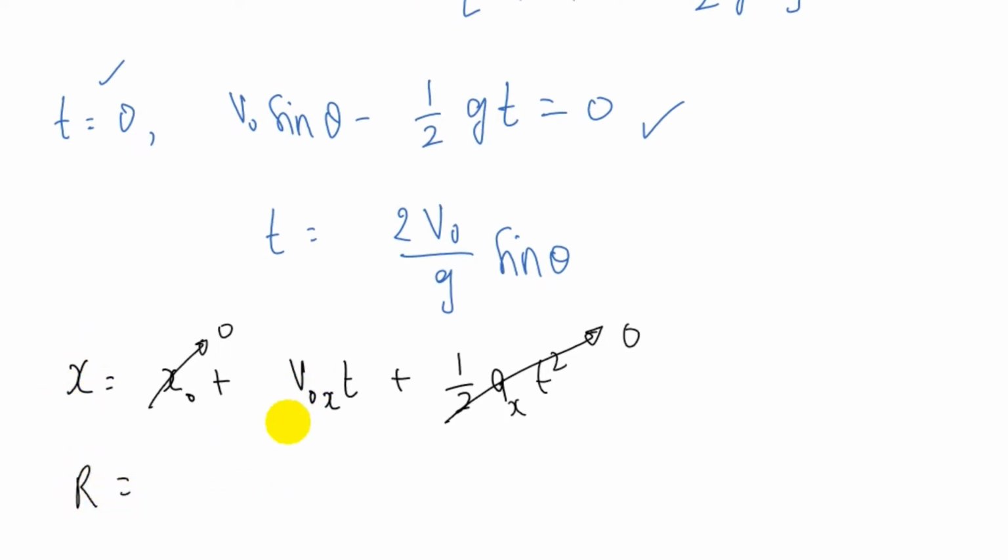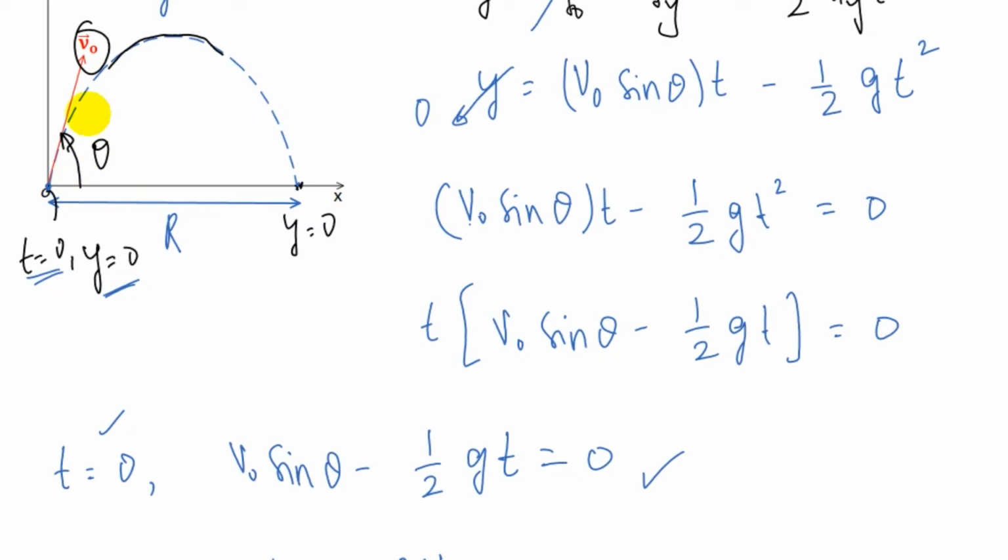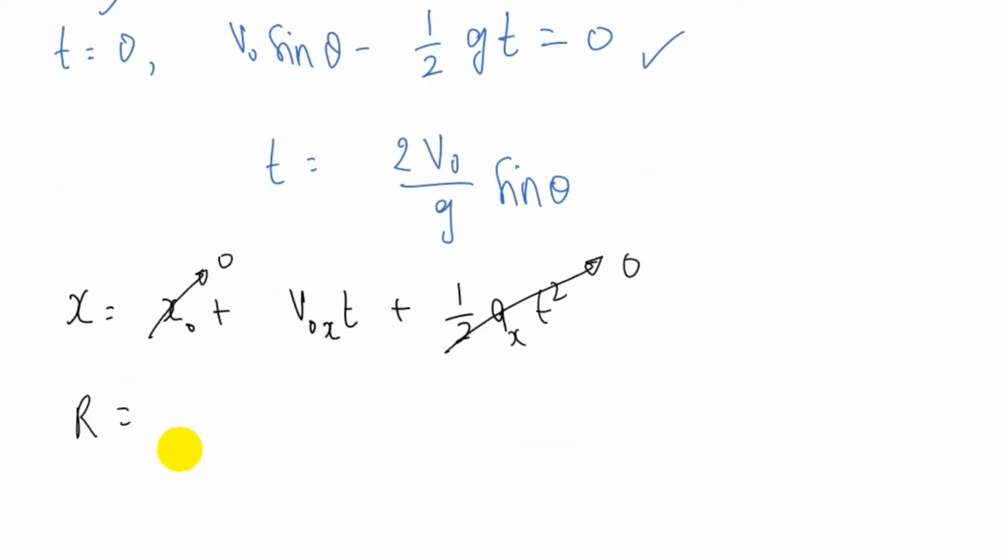R is equal to v0x times t. Now the x component of the velocity will be v0 cosine theta. So v0 cosine theta times t. T we have already calculated to be 2 v0 over g times sine theta.